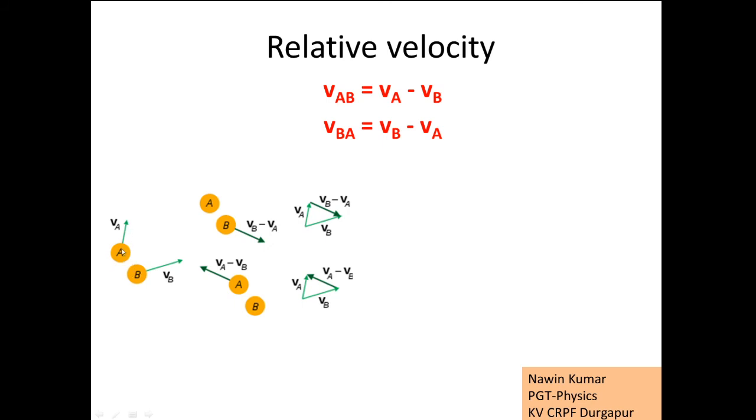Let it be you are in A, this compartment, and you want to know the velocity of B with respect to you, with respect to A. So how do we find the relative velocity?